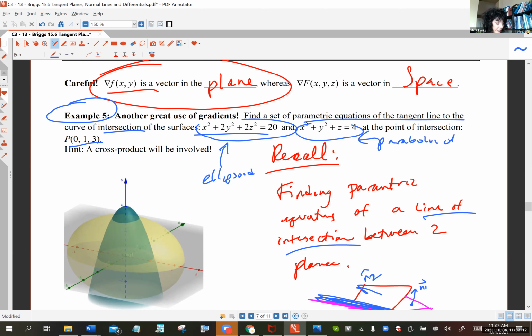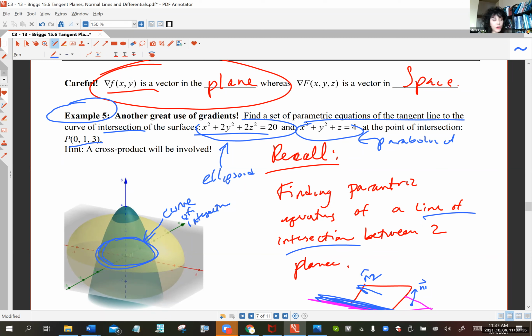Okay, so where do they intersect? Well, when the paraboloid cuts into the egg, you can kind of think of the intersection right where it cuts in. It might look like something of an ellipse, I guess. And so this is the curve of intersection. It's an ellipse.